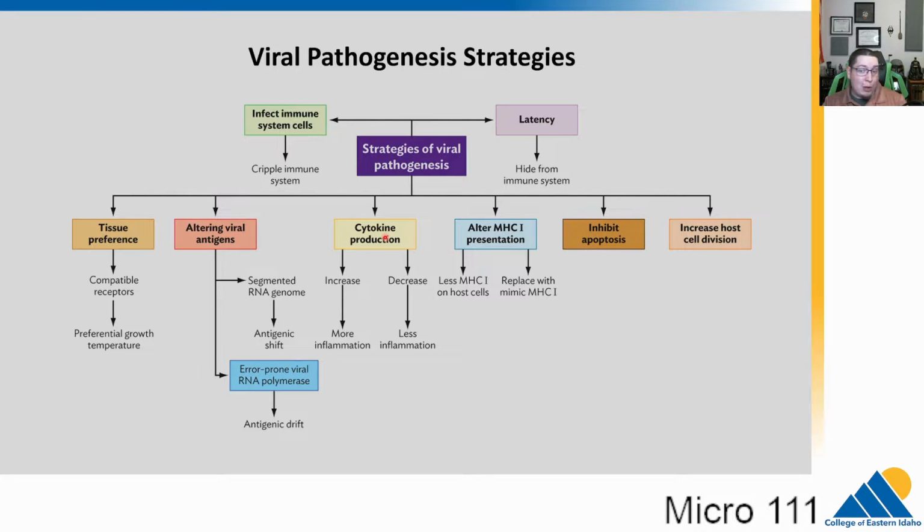One very clever one is altering MHC I, which, remember, is the signal that a cell has an intracellular infection. And by definition, viruses are all intracellular, so they can mess with MHC I, as we see. Inhibiting apoptosis, so preventing infected cells from going through cell destruction. That leads to more viral particles being made, and sometimes even increasing host cell division, as we'll see with the papillomaviruses.